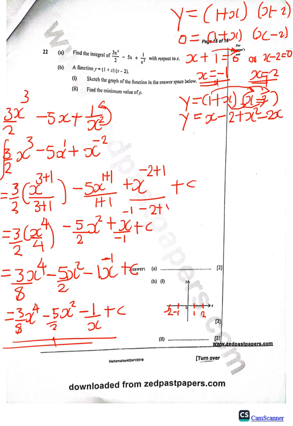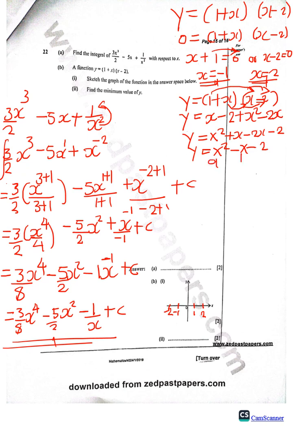So let's collect the like terms. So y is equal to x squared, then plus x minus 2x minus 2. So y is equal to x squared, here we get negative x minus 2.